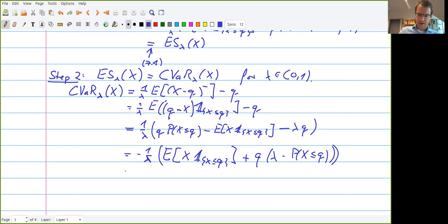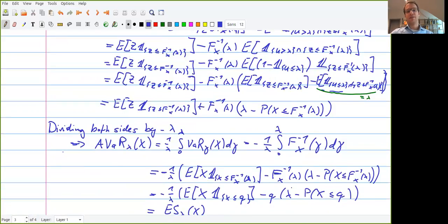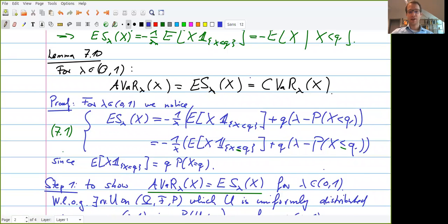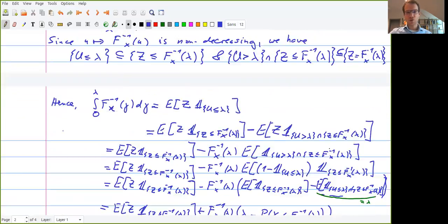And this is just the expected shortfall at level lambda of x, if we again keep in mind our identity, the preliminary calculation that we can equivalently define the expected shortfall by making less or equal instead of strictly less. Okay, cool.